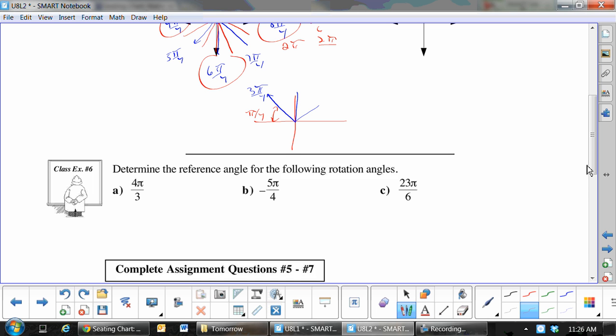Now, I know a lot of you guys are still hanging on to degrees, and it will make this more and more confusing as we go on. I showed you how to make a unit circle. Why don't you forget about degrees for a while? If that's 3 pi over 4, 4 pi over 4 gets me to the next one, so that must be another pi over 4, right? All my, what we used to call 45s are now pi over 4s, because 45 degrees equals pi over 4.